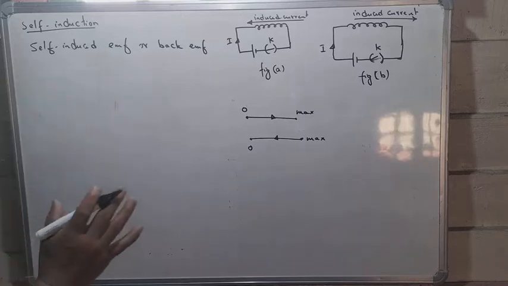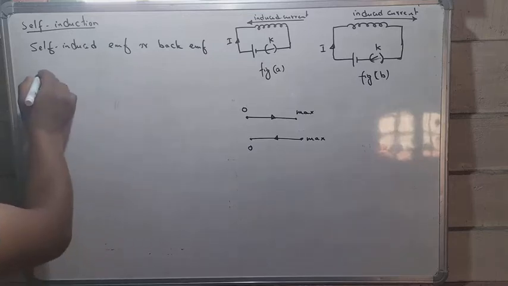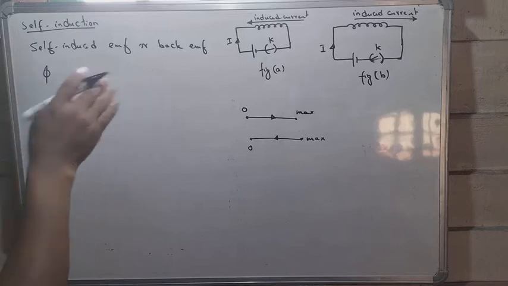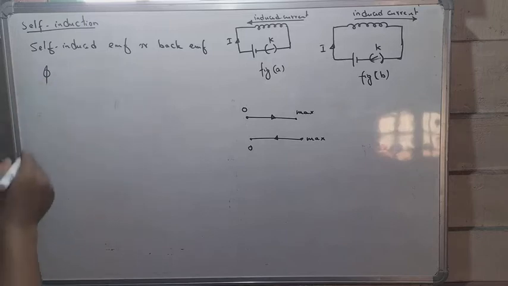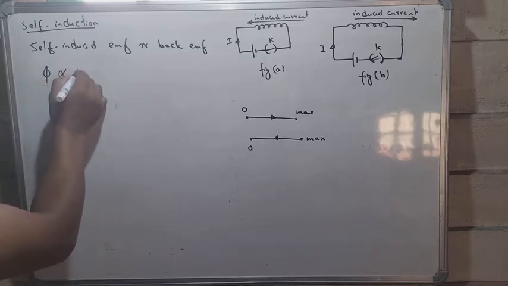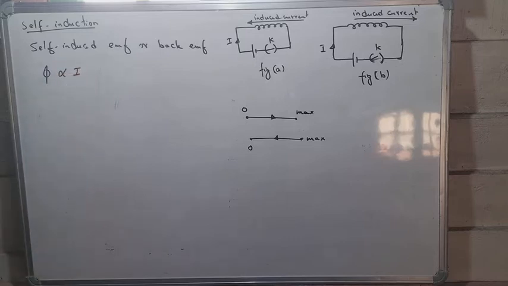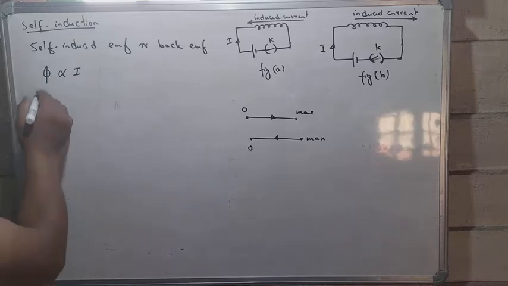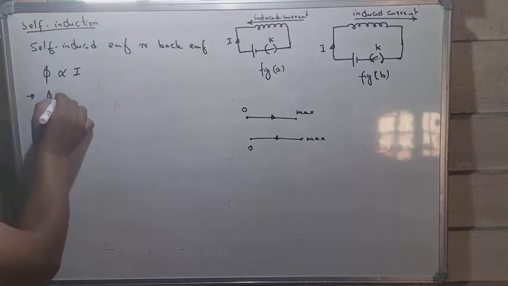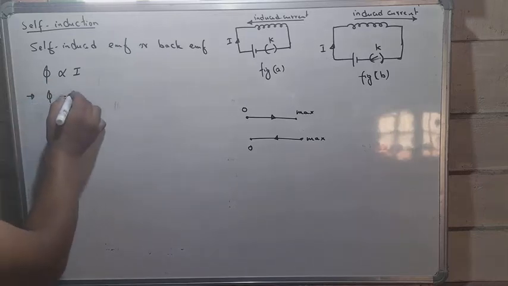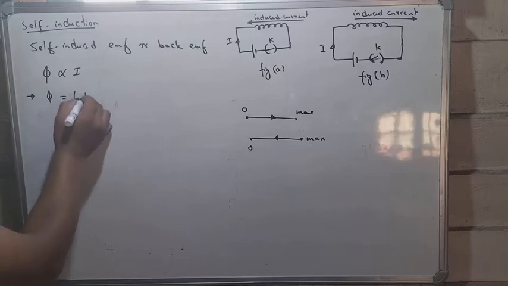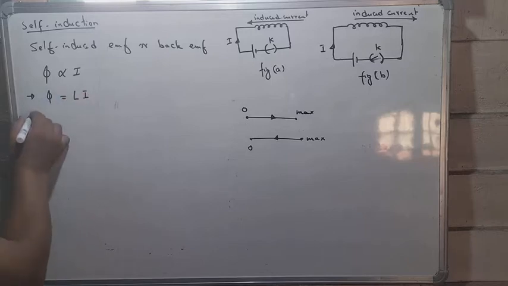At any instant of time, the magnetic flux linking with the coil is found to be directly proportional to the amount of current passing through the coil. Or we can say phi is equal to some constant, and the constant here is L, times I. What is L?